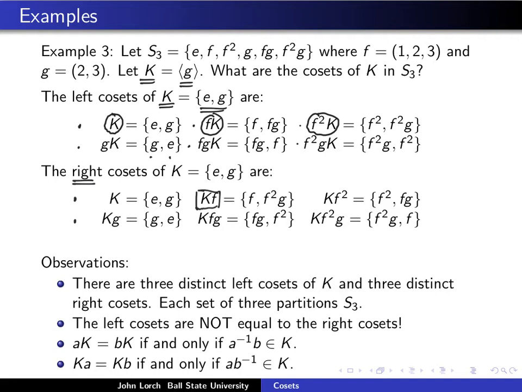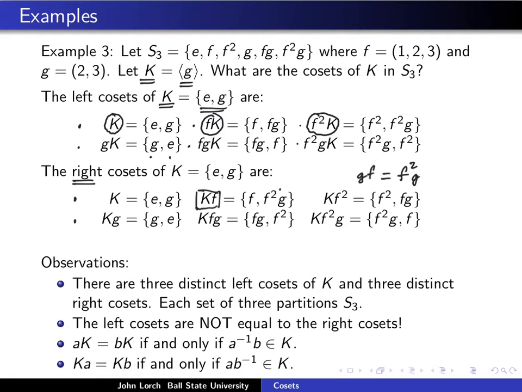So KF, what happens there? We're taking everything in K and multiplying on the right by F. So E times F is just F. G times F, what's that? Well, we know that that's the same as F squared G. That's where the F squared G comes from there.